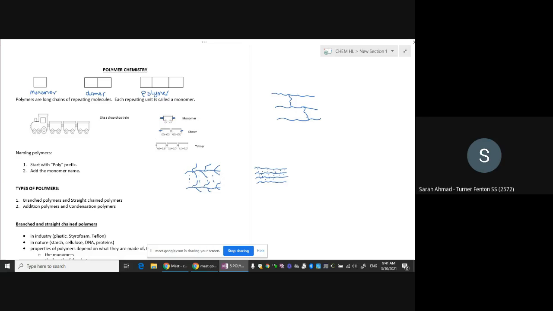The other thing we're going to look at is addition and condensation polymers. So these, the second categories, it defines again the functional groups and the type of reaction that is preferred in order to make the polymer.